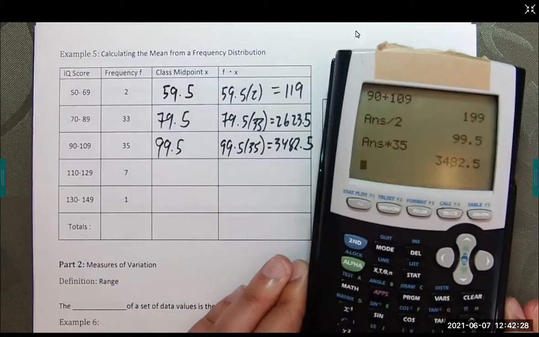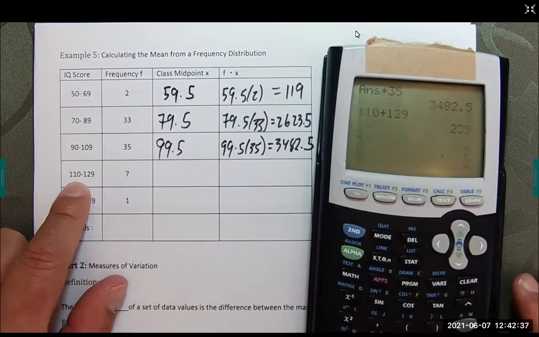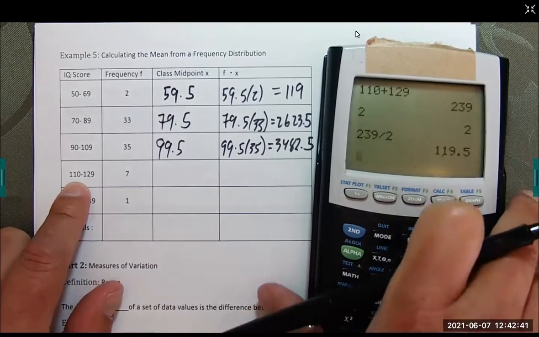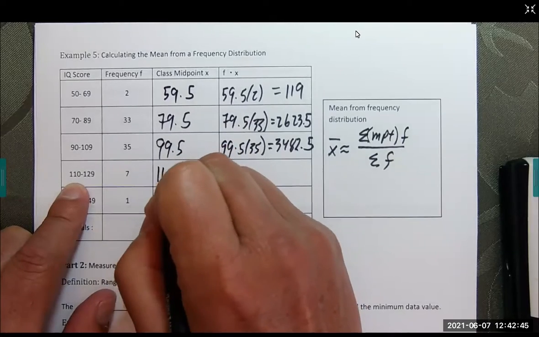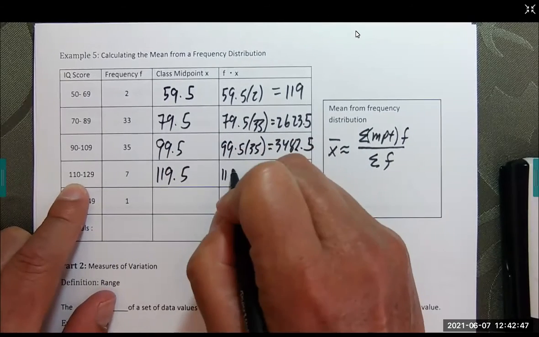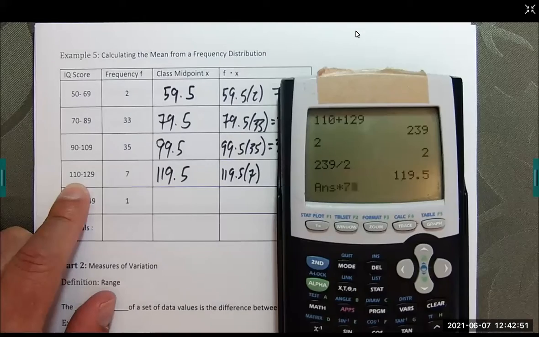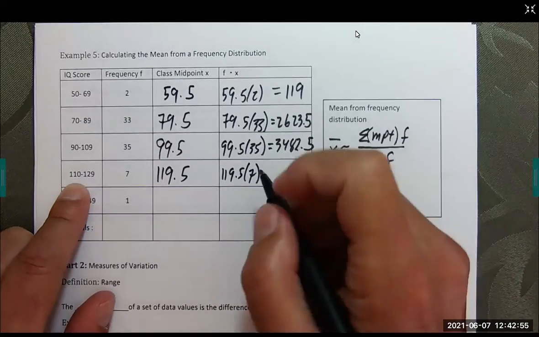Next up, we have 110 plus 129 divided by 2. 836.5.